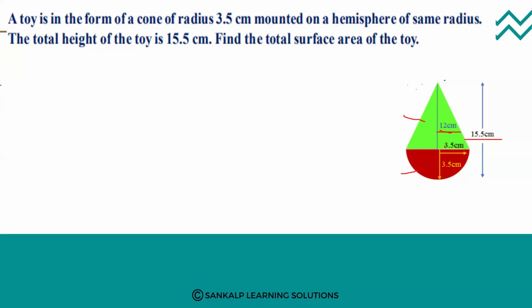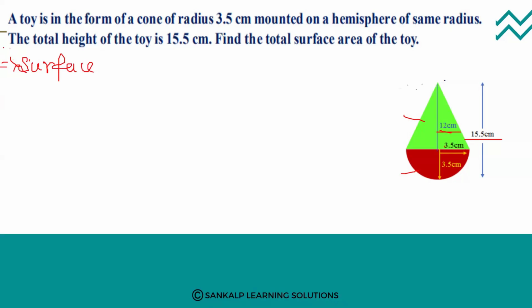Okay. Now, the total surface area of the toy can be found out by adding curved surface area of the cone plus curved surface area of the hemisphere, right? So total surface area of the toy we want.